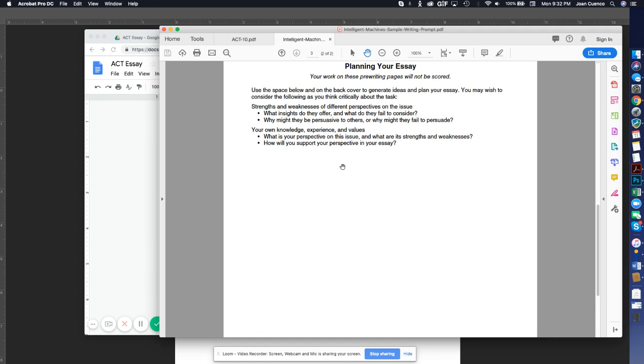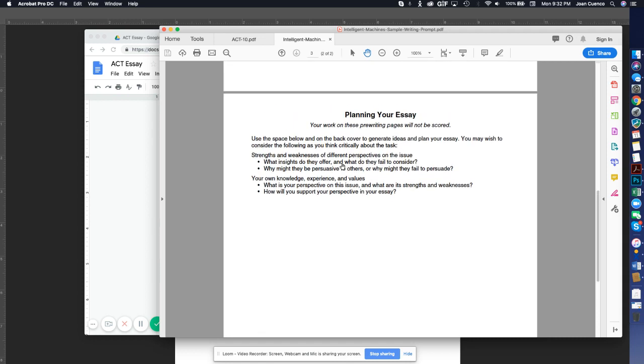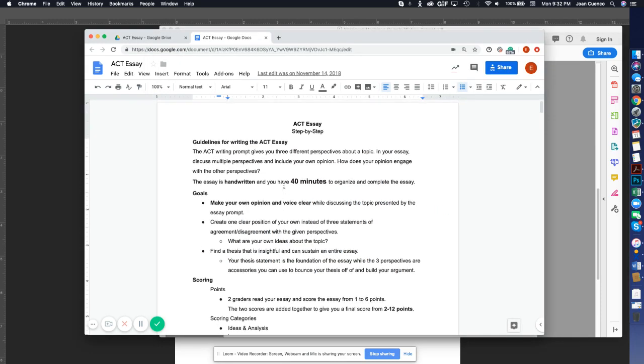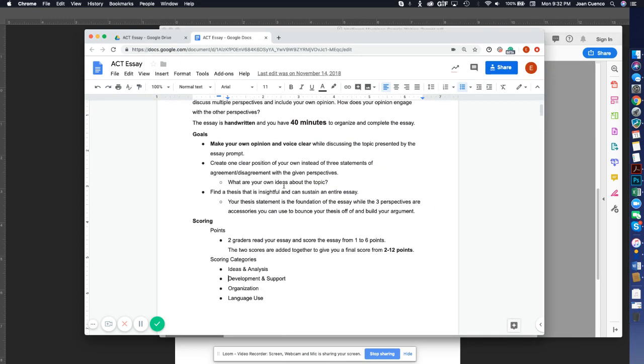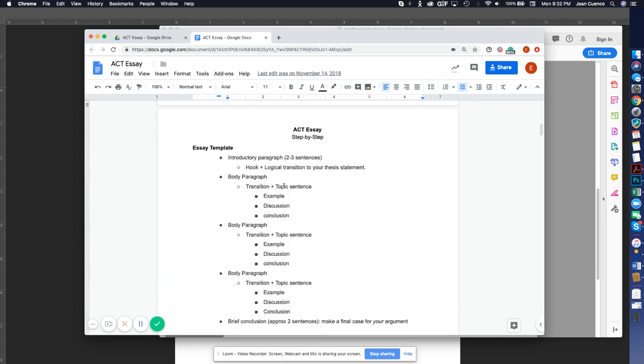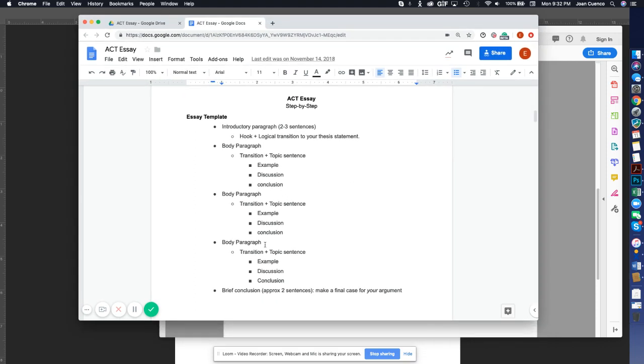So let's get into brainstorming. Okay, we'll go back here. Actually, before we go into brainstorming, let's talk about the format. The ACT essay is going to be in a familiar 5-paragraph format. Introduction, which presents your thesis, which is your perspective on the issue.